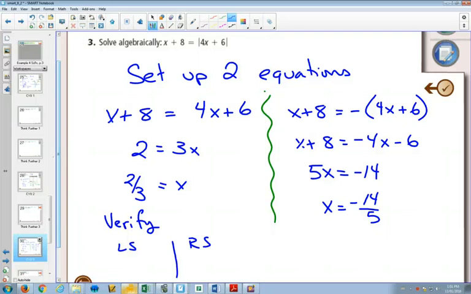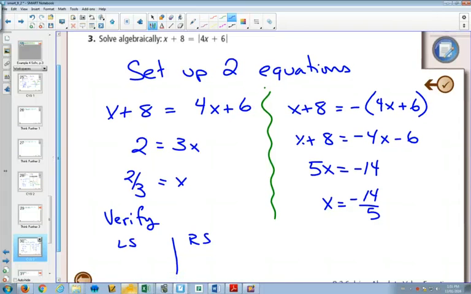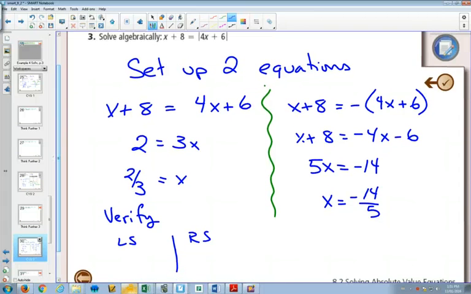Our left side and our right side of our original equation. So if I plug in 2/3, I'll have 2/3 plus 8 on the left side. And on the right side, I'm going to have 4 times 2/3 plus 6 in absolute values. So again, anytime you're verifying, you're going back to the original equation.